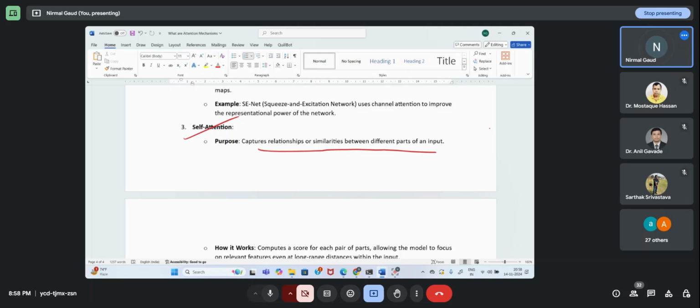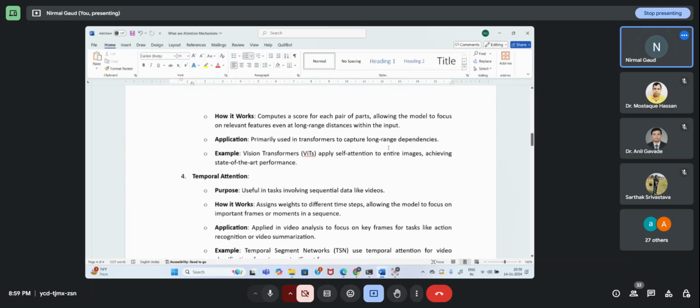In an image, I want to find the similarity between the different parts. That means if this is your image, how this part is related to this part, how this part is related to this part. So, like this, capture the relationship of similarity between different parts of an input.